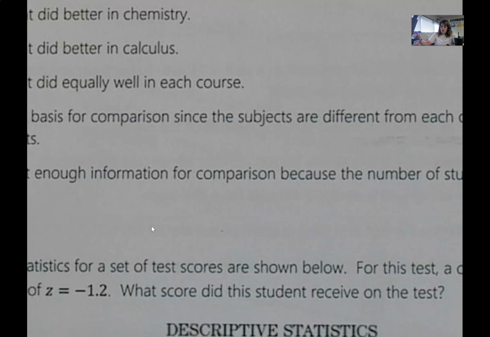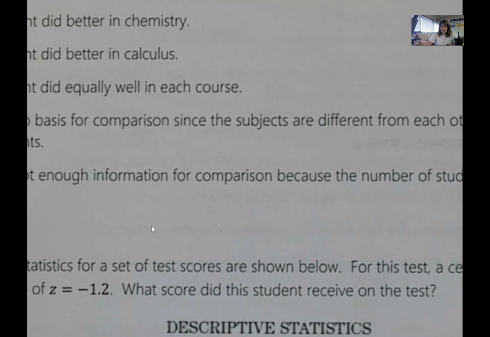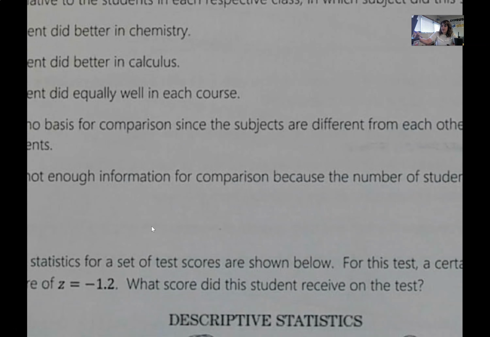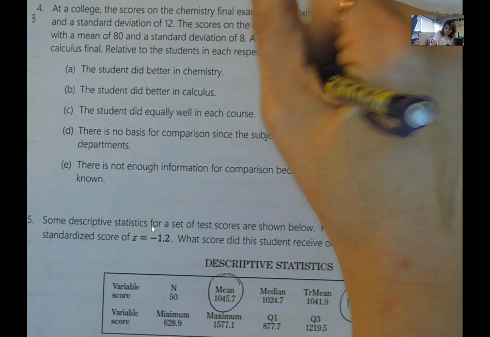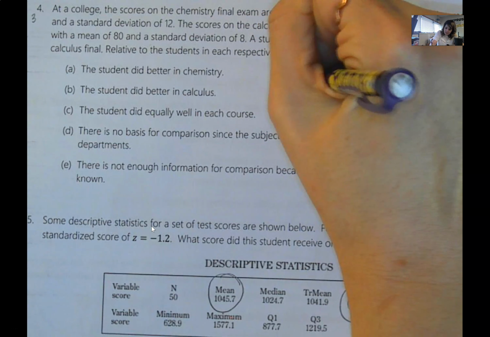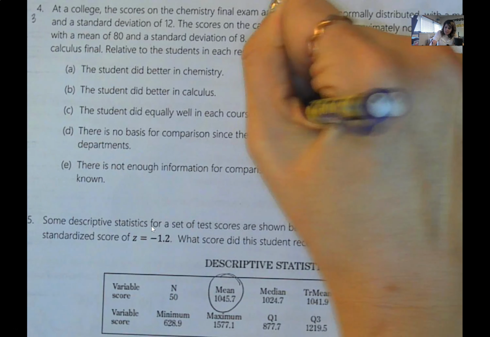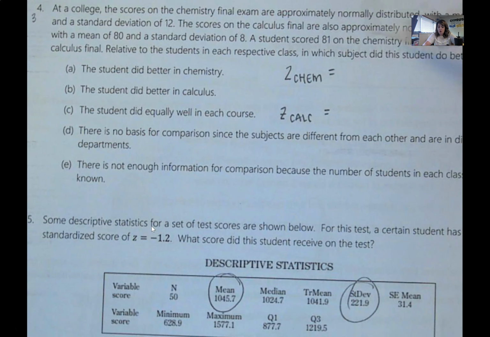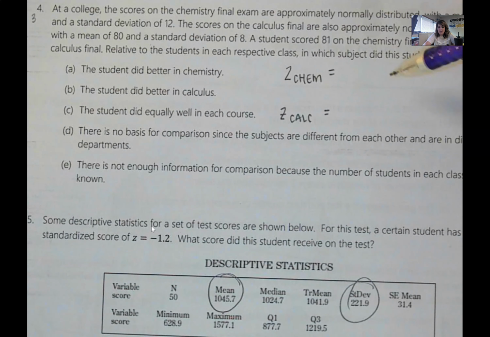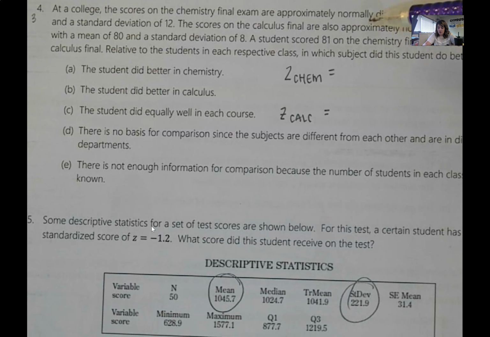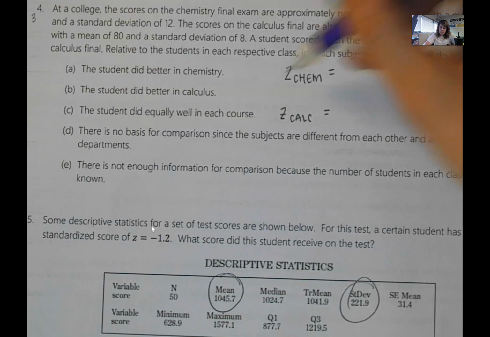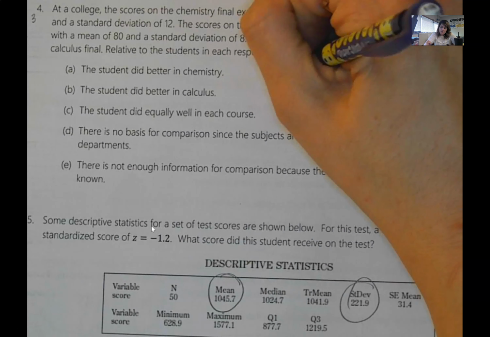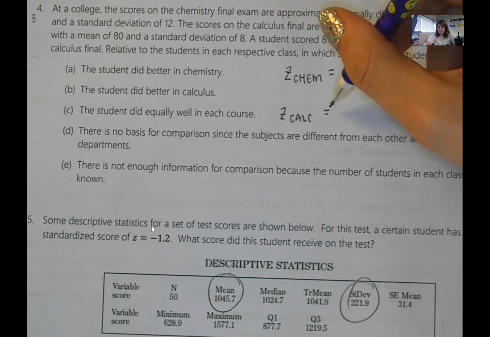Number 4 wants to know if this student did better in chemistry or calculus. Most of you guys did fine on this problem. Really the only errors that I saw were that you must have plugged it into your calculator wrong. Your formula that I'm about to fill out was right, but the answer that you had was not correct. So we want to find his standardized score for chemistry and compare it to his standardized score for calculus.